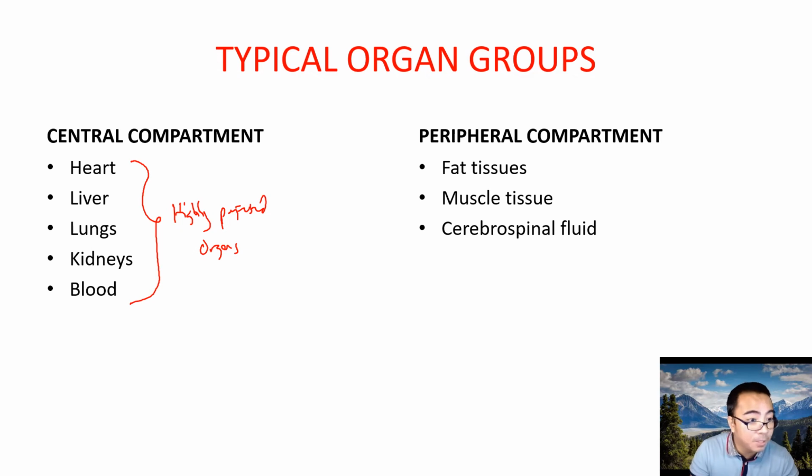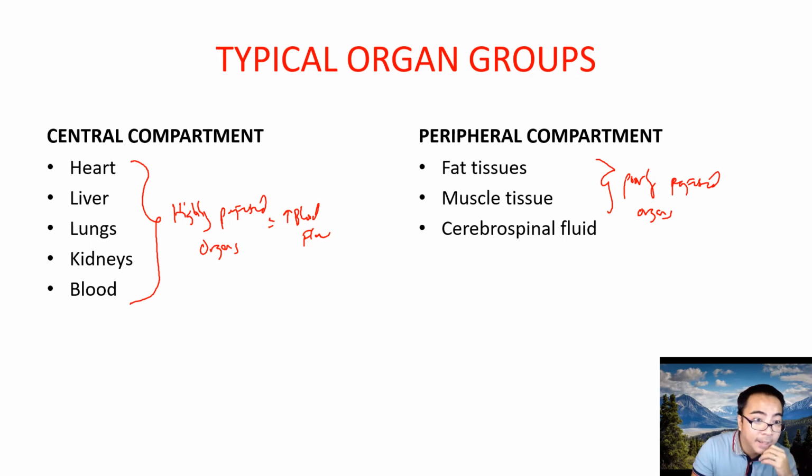Highly perfused. Meaning, high blood flow. There is high blood flow. While for fat, muscles, and cerebrospinal fluids, these are poorly perfused organs. Okay, they have low blood flow. Okay.